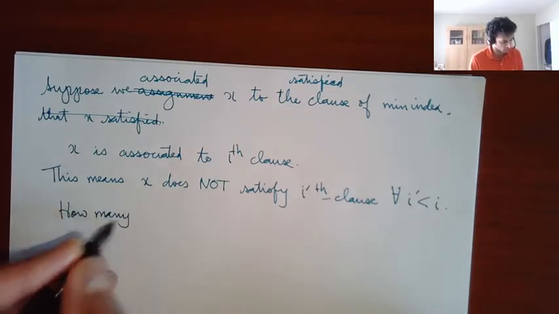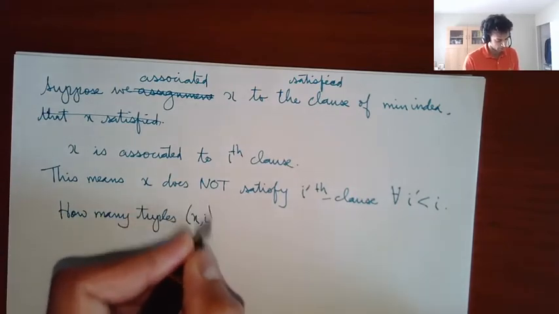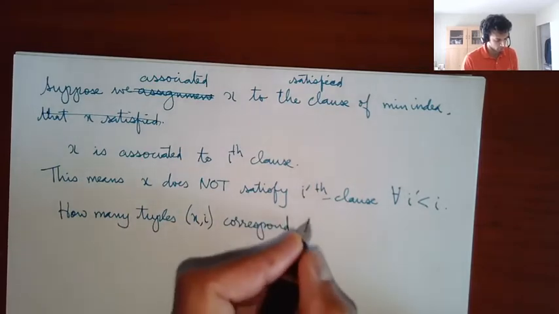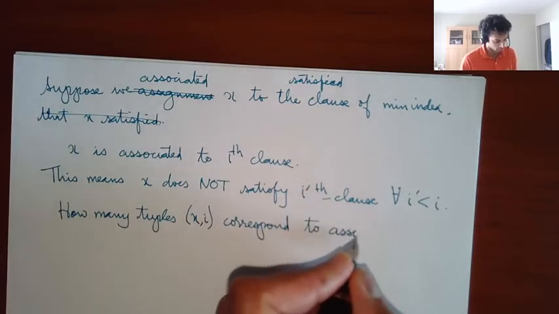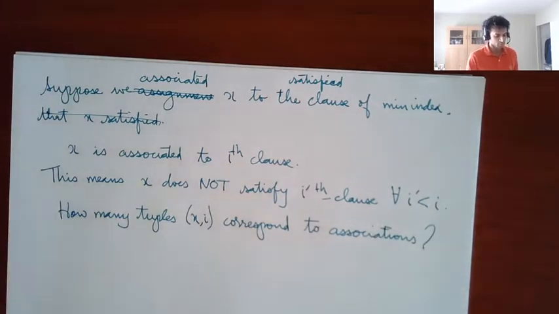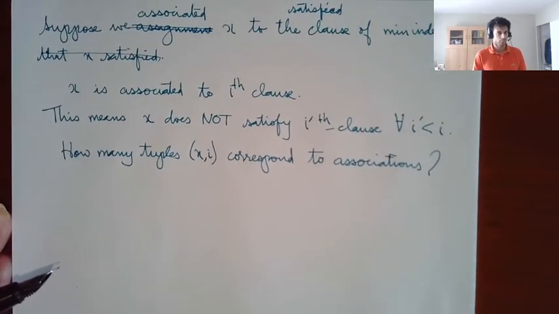How many tuples (x, i) correspond to associations? Any thoughts? Exactly A. It's exactly A. And why?